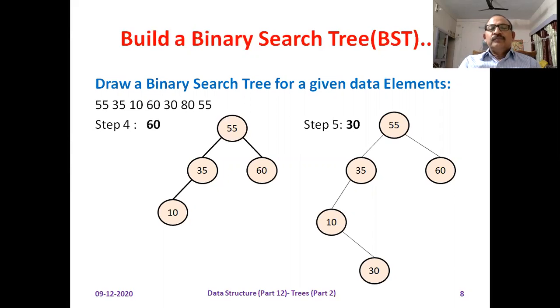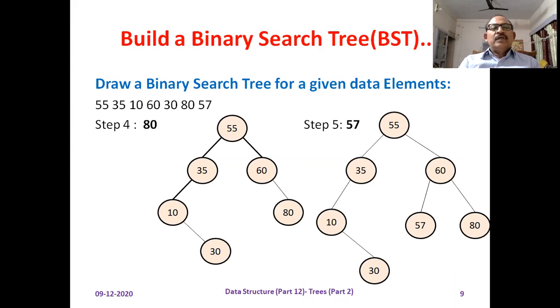Okay, next suppose 80. Again we will compare this 80 to the root node. 80 is greater than 55. Therefore, we will go in the right subtree.